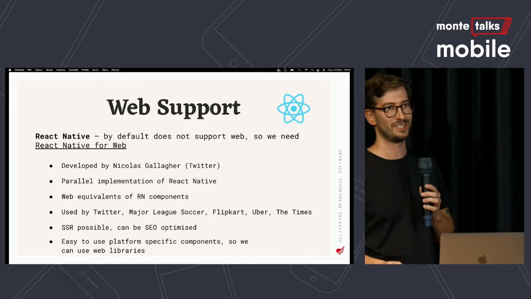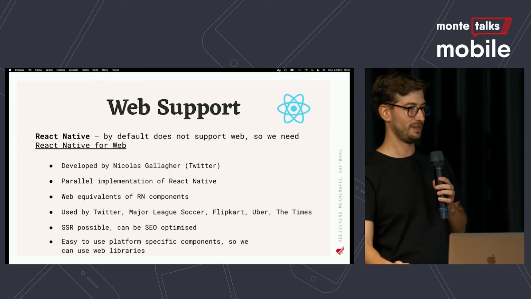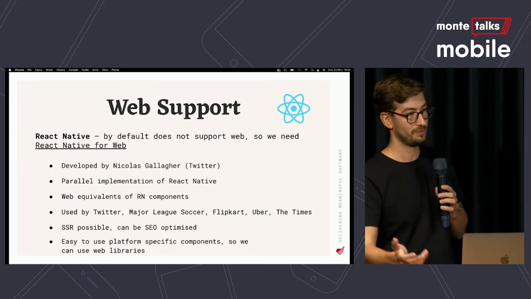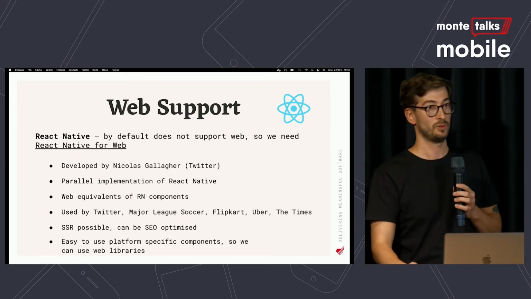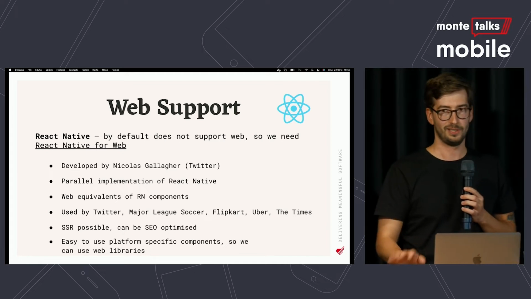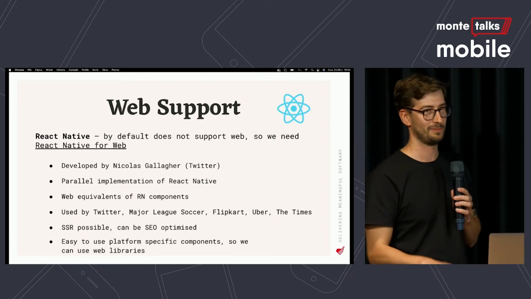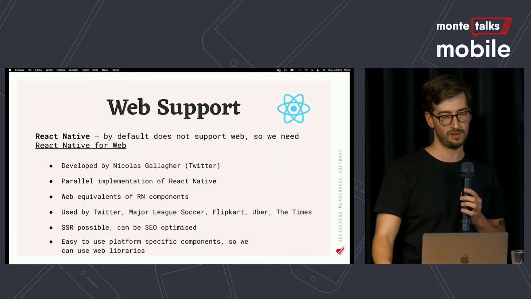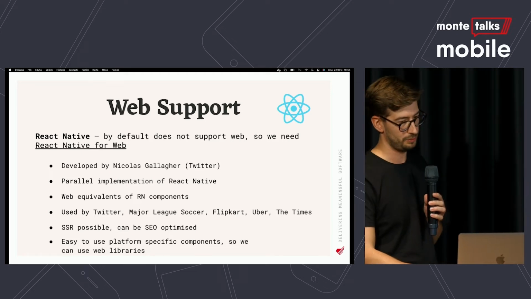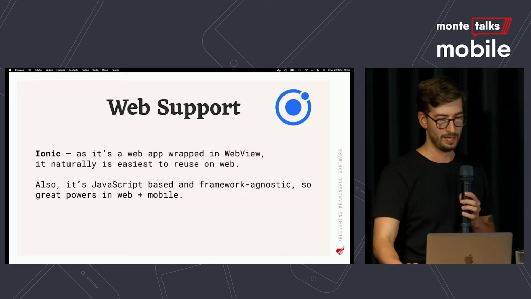So it gives us a lot of freedom in terms of using the tools we already have, what we know from web development, what works great. Not only on the JS side, but also what covers the UI part. And it's really nice from the React Native perspective.